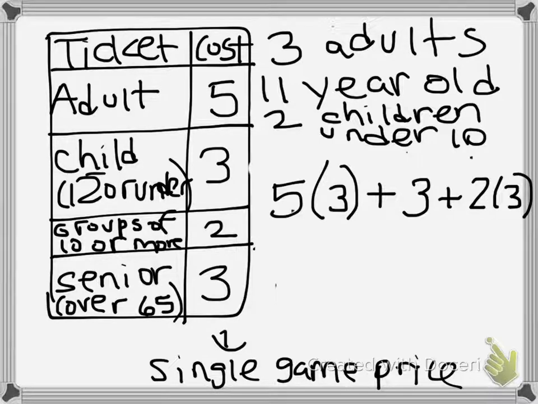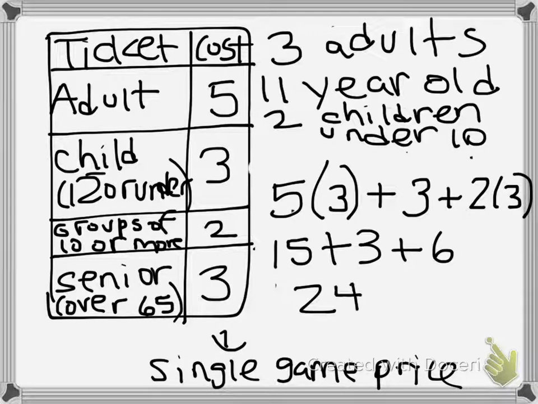Now we need to solve. You would solve by multiplying and then adding. So, 15 plus 3 plus 6. And then you could do 15 plus 3 plus 6 all together to get 18 plus 6, or $24.